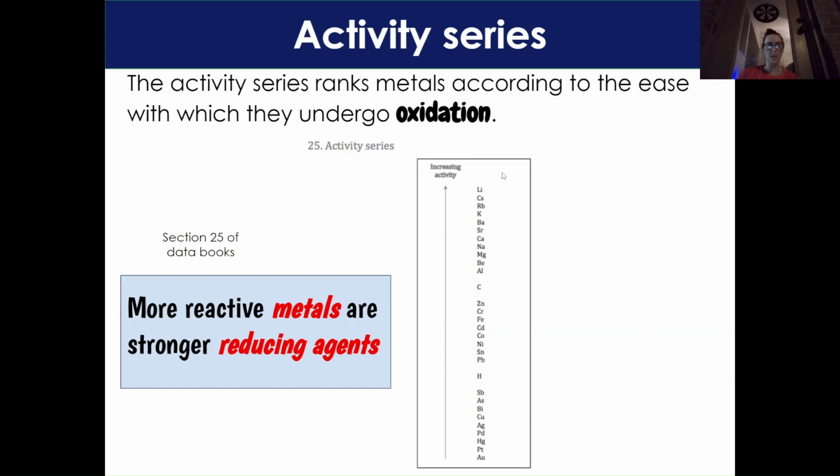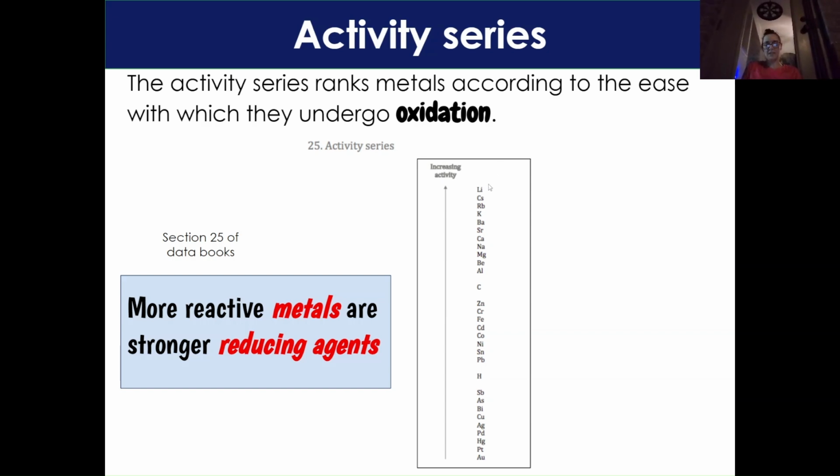Things at the top of the list are more reactive, which means they want to be oxidized more. When we're talking about metals, they want to lose electrons. That is what determines the reactivity of metals, how easily they lose electrons, because metals like to lose electrons to give to other things. So if they're more willing to lose electrons, they're more willing to be oxidized, and the stronger reducing agents they are.